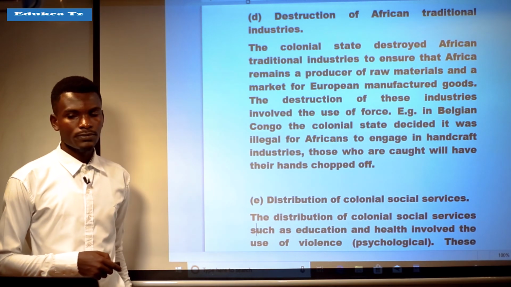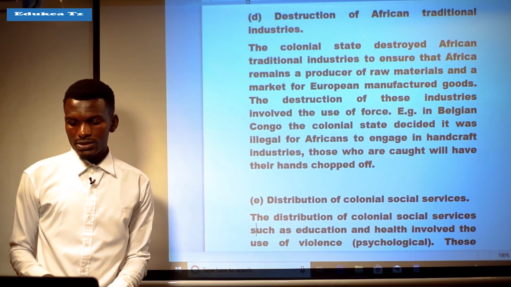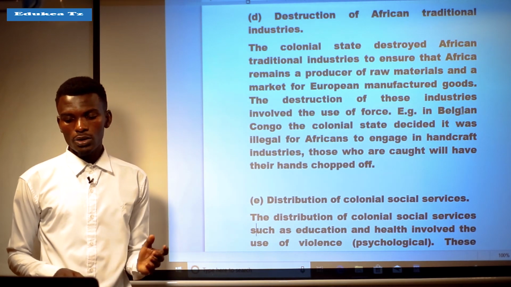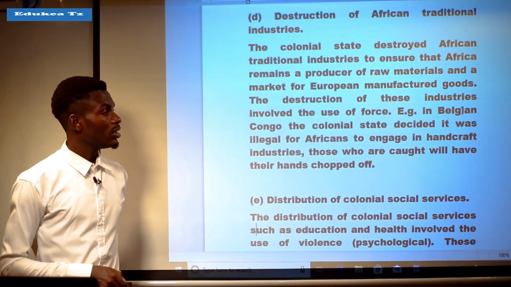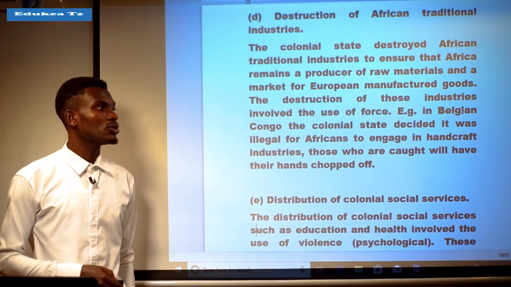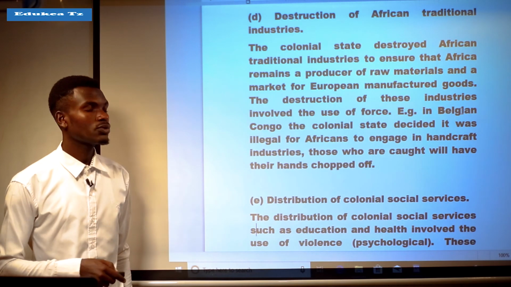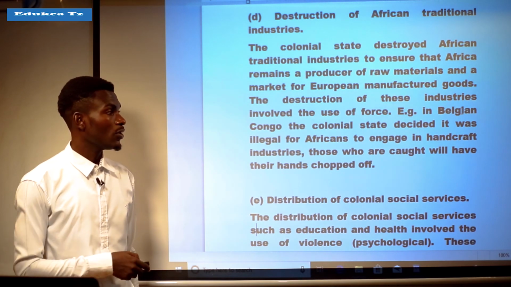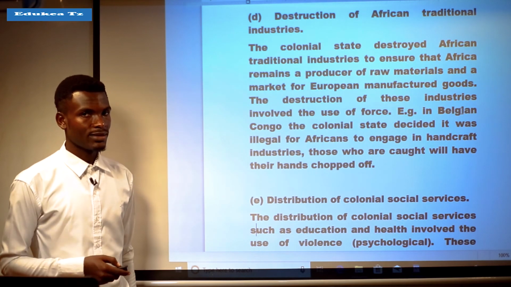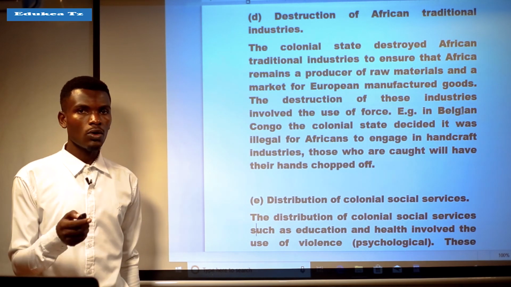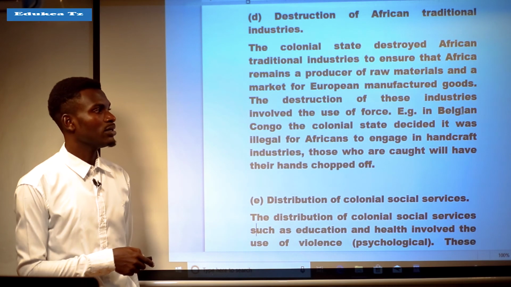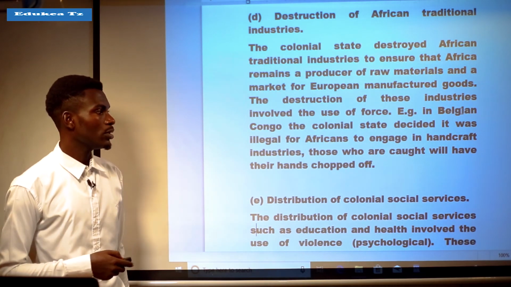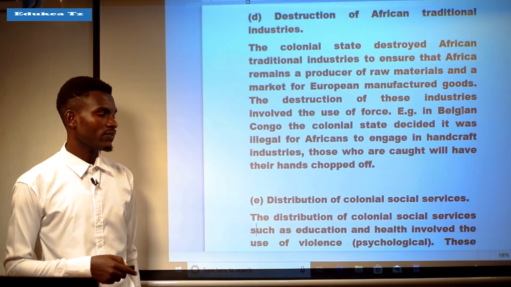It means that in the colony of Belgium in Congo, it was illegal for Africans to engage in the production of handicraft products, and those caught involving themselves in handicraft industries had their hands chopped off.